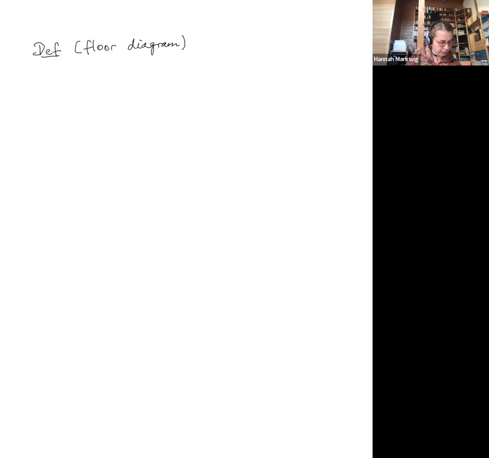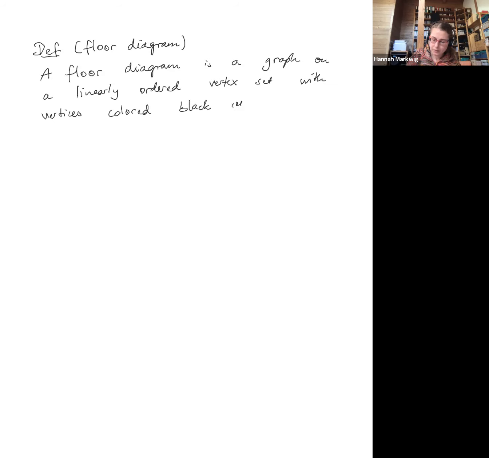A floor diagram is a graph on a linearly ordered vertex set with vertices colored black and white (I used yellow before, but the standard is black and white), and edges equipped with weights, such that the following conditions hold.